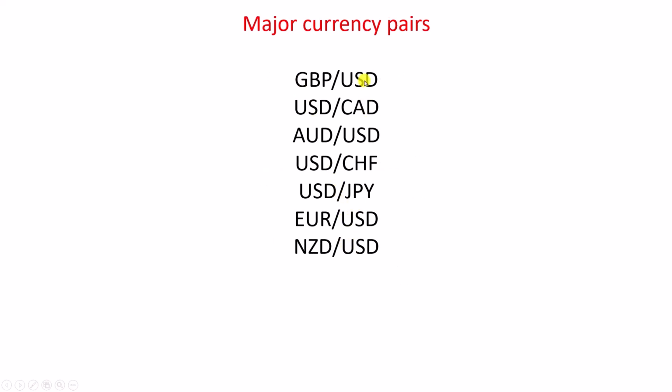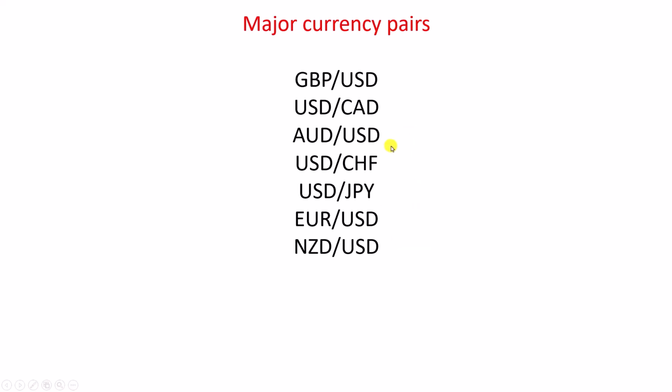Now what do we mean by major currency pair? These are the pairs which are traded in high volume in the forex market. So you can find high liquidity in these pairs. These are the most widely traded currency pairs.